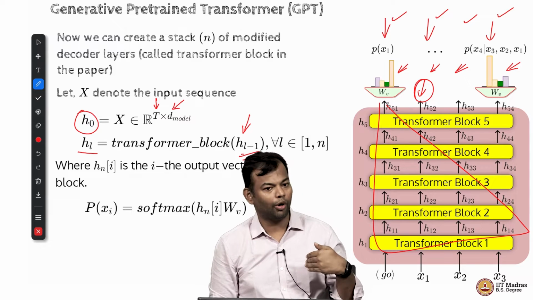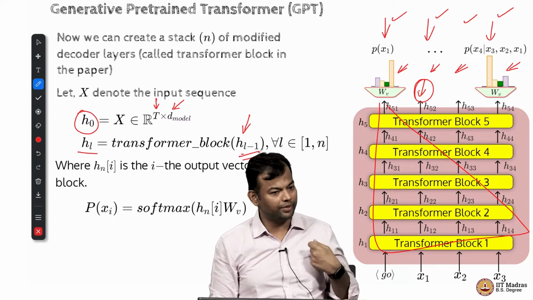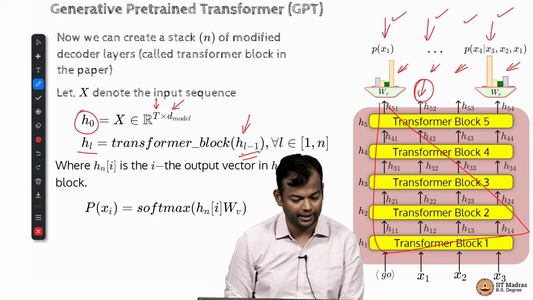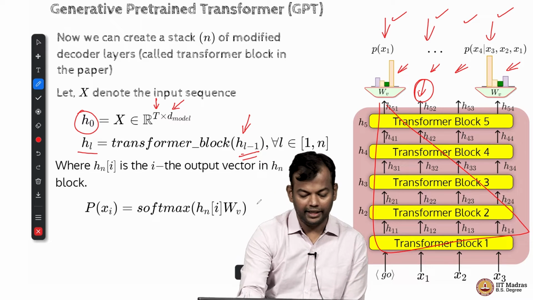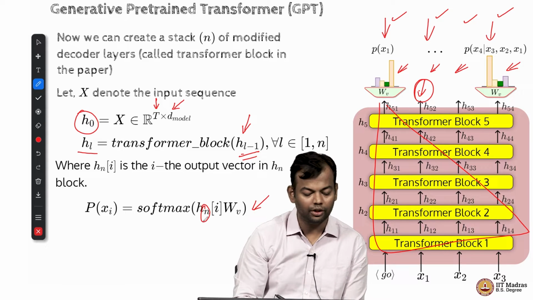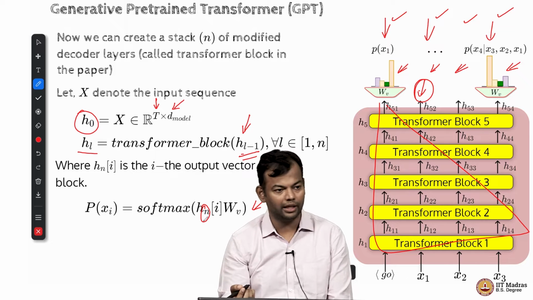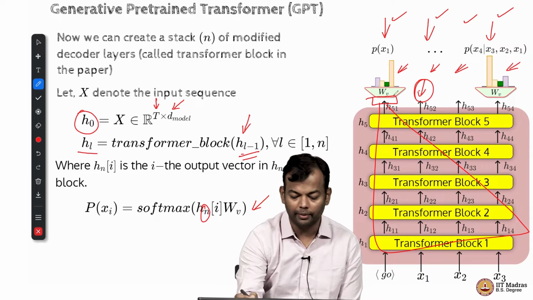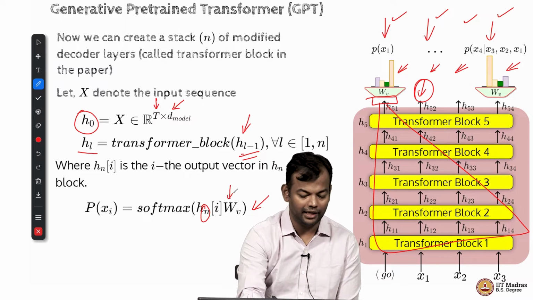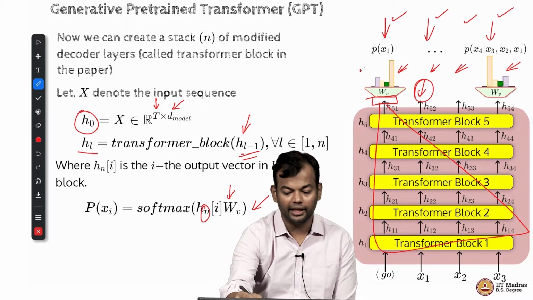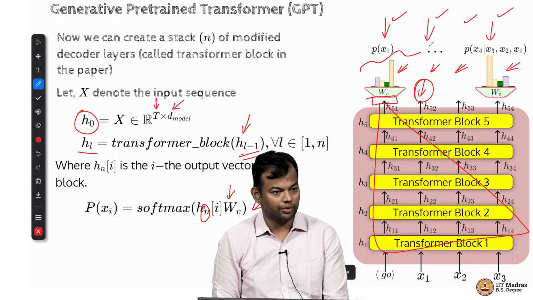The first transformer block always takes input from H0, which is just your raw input, the word embeddings. And then at the final layer, the nth layer, whatever it outputs, you will pass it through a linear layer and then apply softmax on top of that, and that is how you will get the probability distribution, correct?